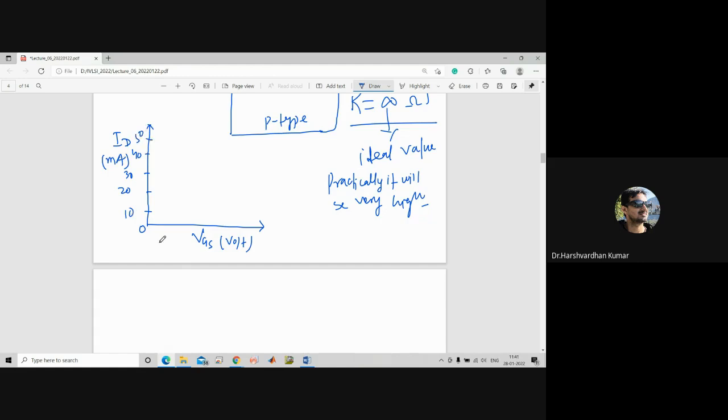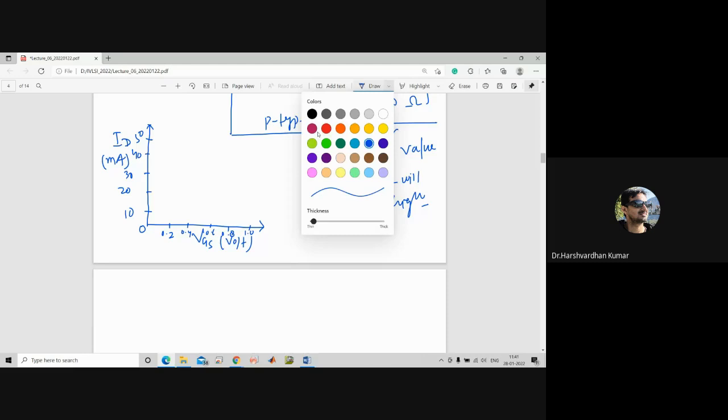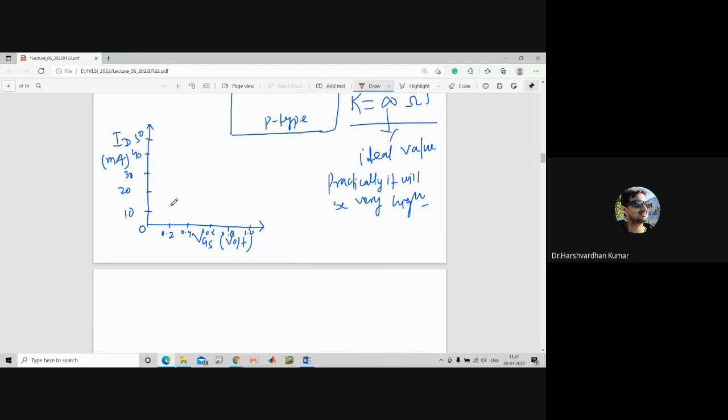On the x-axis, 0, 0.2, 0.4, 0.6, 0.8, and 1.0. So see here how the current will flow. The variation of the current will be like that.